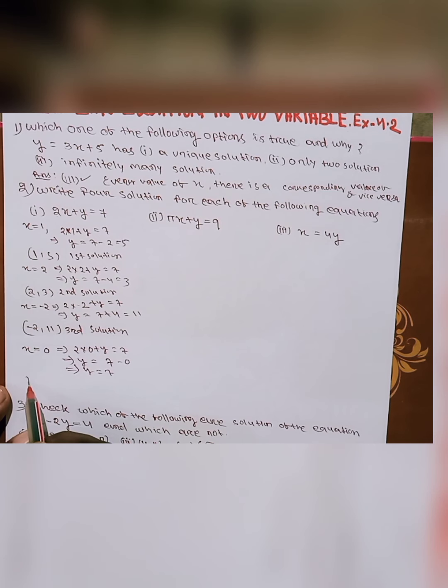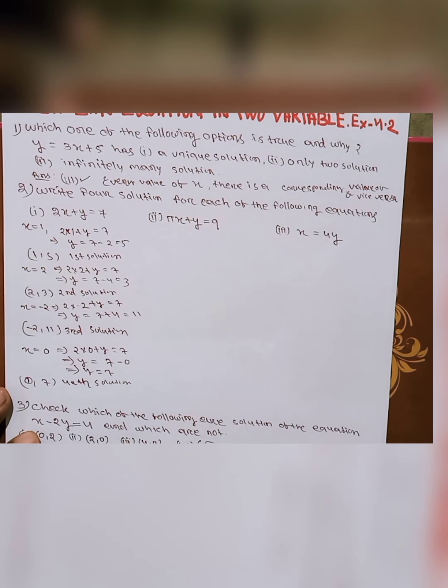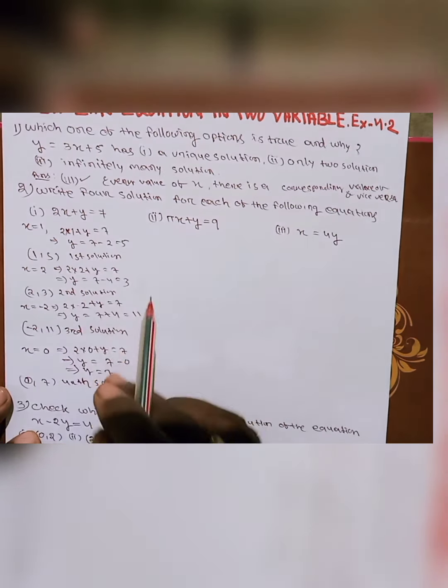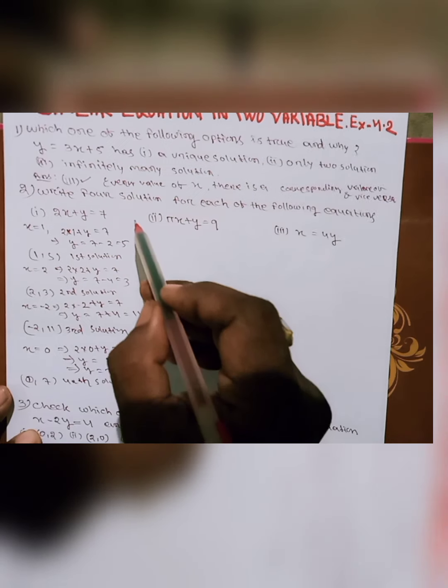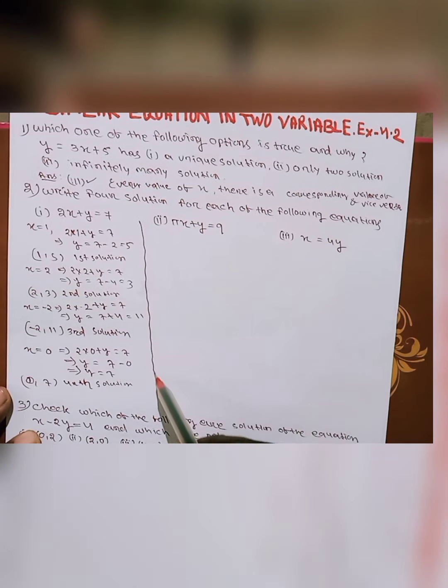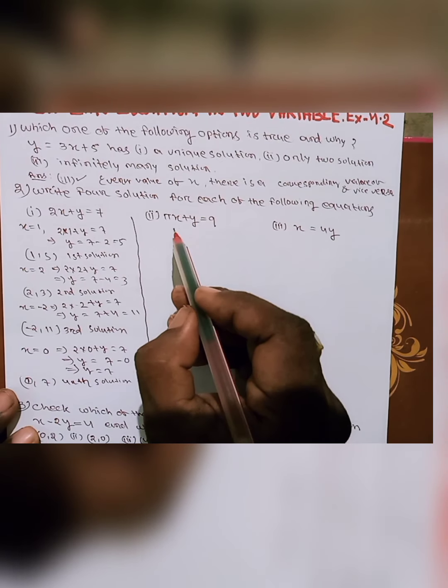Fourth solution, 0, 7 is the fourth solution. In this way, you can find 4 solutions of the given equation. In the first one, we took the value of x, but you can take the value of y and find the corresponding value of x.